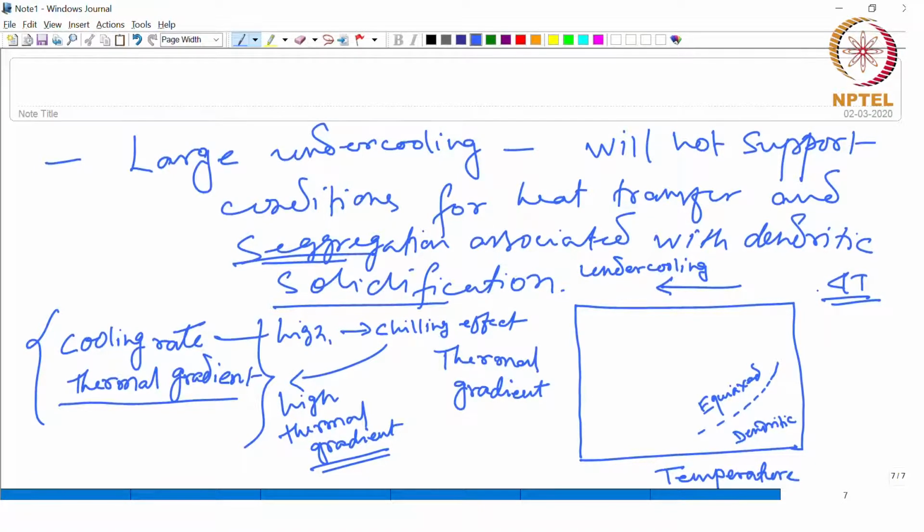And of course, when you are on the lower temperature side, you have this chilling effect. Lower temperature on the surface will have this chilling effect, and that is also going to generate this large thermal gradient. Okay. Right. So, this is a transformation between dendritic and equiaxed microstructure, as I said.